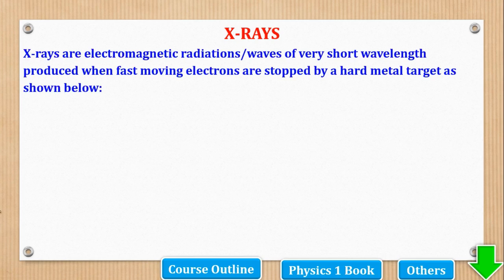So what are X-rays? X-rays are electromagnetic radiations. I think you remember when you were going through the video on photoelectric emission, this was part of the spectrum, X-rays.